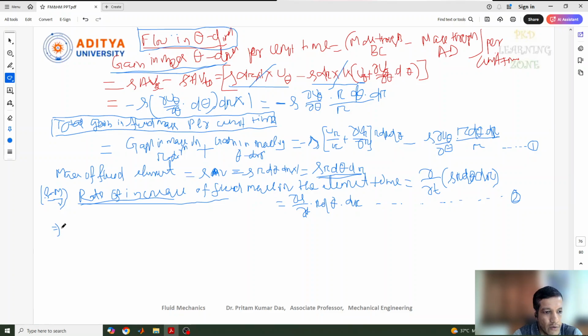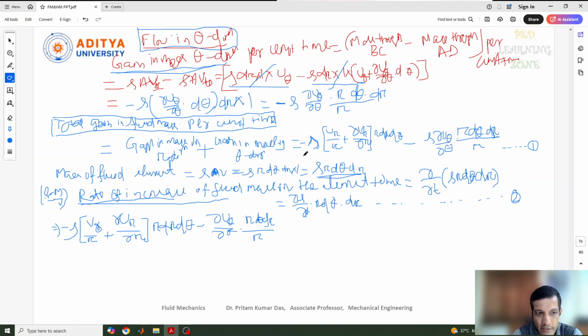So rho, what we got previously, bracket start, ur by r plus del ur by del r into r dr d theta minus del u theta by del theta into r d theta dr by r.